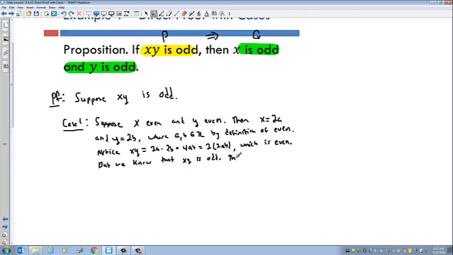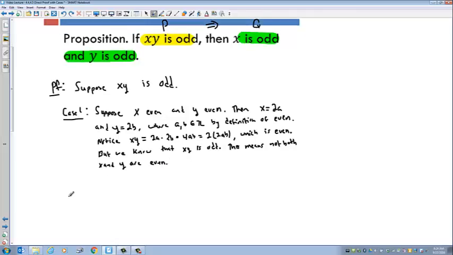This means not both x and y are even. All right, so there's case 1.